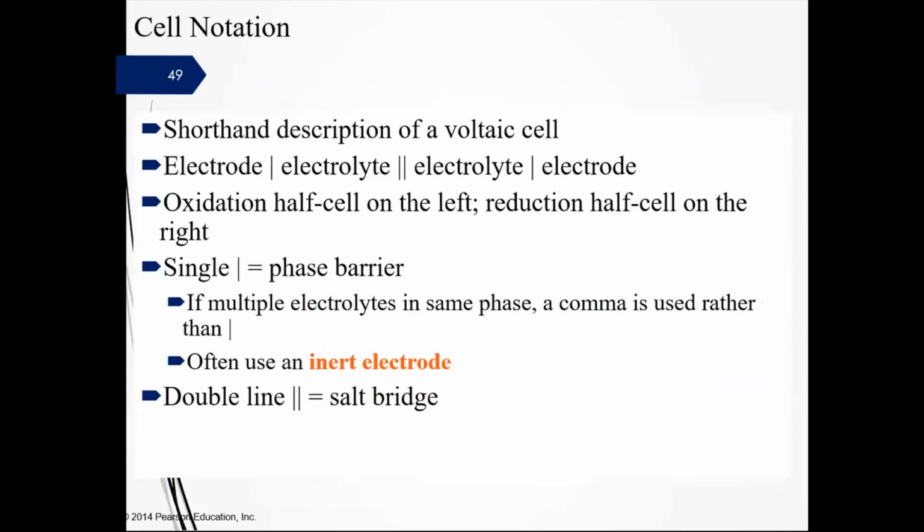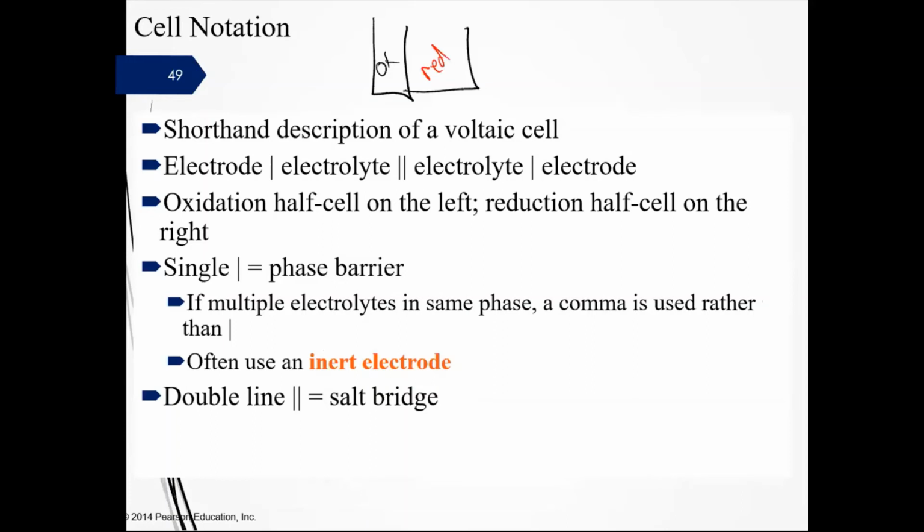So our cell notation looks a little bit different, right? This is what we do to write out what's going on in a shorthand way. It always starts with the oxidation on the left and the reduction on the right. Generally speaking, our diagrams are almost always oxidation and then reduction.